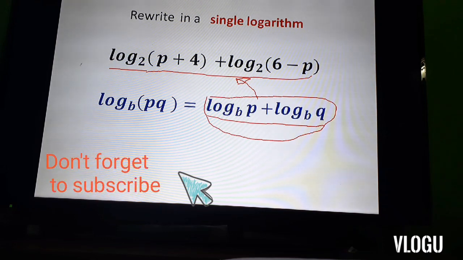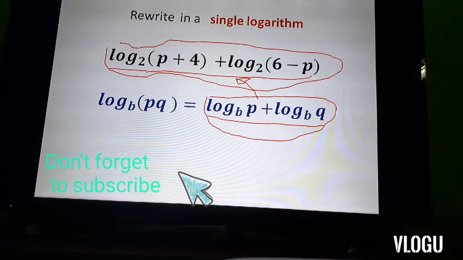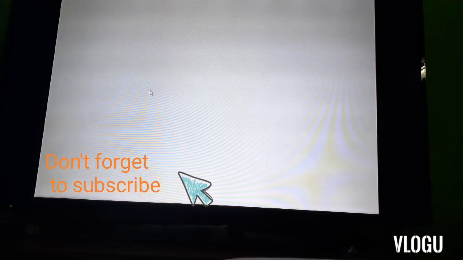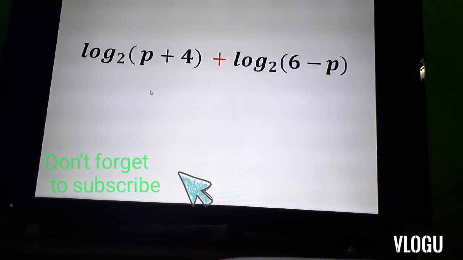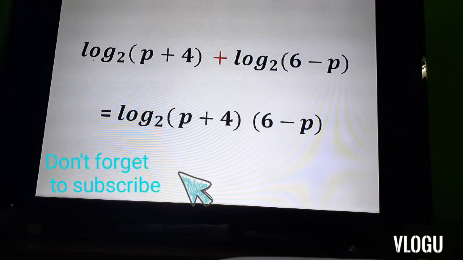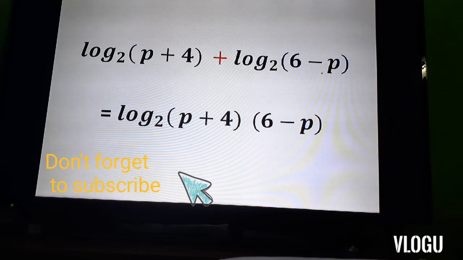So, paano natin ito i-rewrite into single logarithms? Ang ibig sabihin nun, isusulat natin ito in this form. So, ang mangyayari ay, we have log P plus 4 to the base 2 plus log 6 minus P to the base 2, ay pwede po natin maisulat in this form.